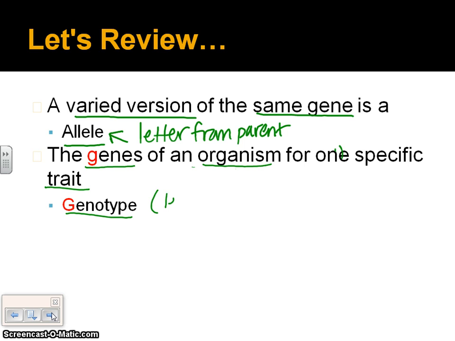The genotype is the letter combination. And again, this word letter, that means alleles. Okay? So it's what you're getting from your mom and what you're getting from your dad regarding the gene trait.